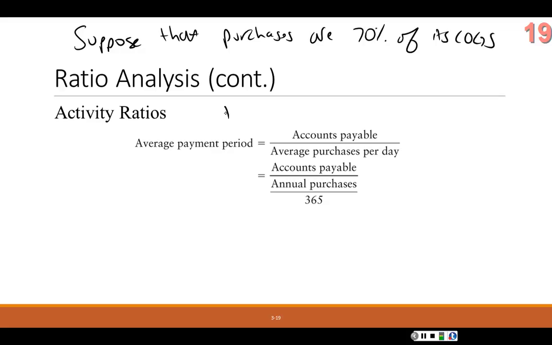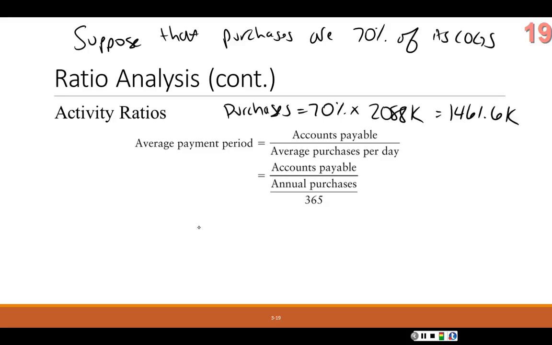So then purchases would be equal to 70% of our cost of goods sold, which is found on the income statement. And that is equal to $1,461.6 thousand.